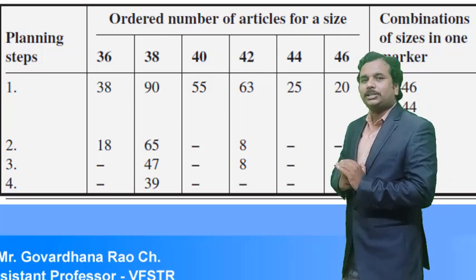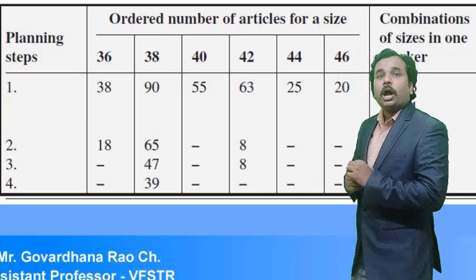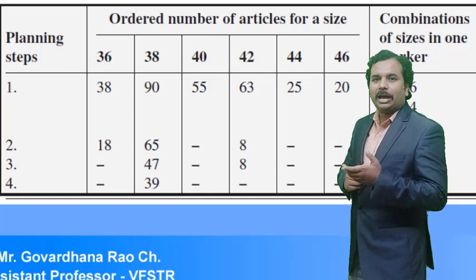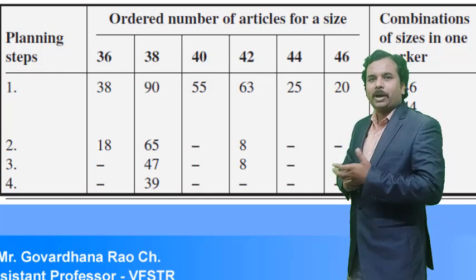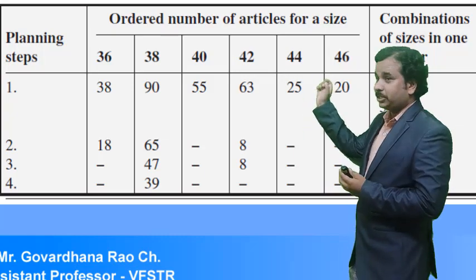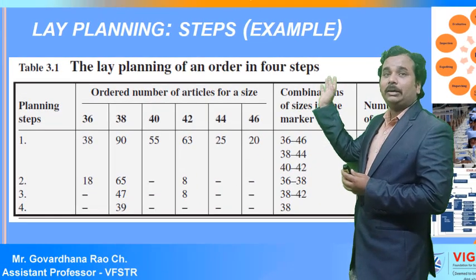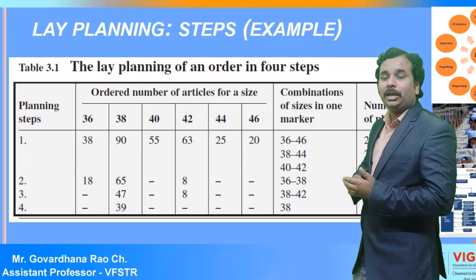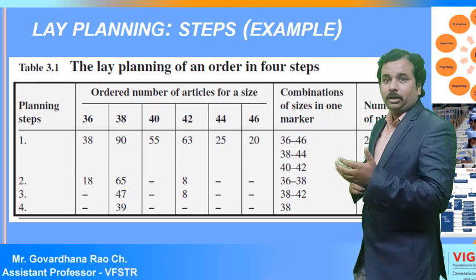The 36 size ordered quantity is 38 and the 46 size ordered quantity is 20. After marker making, the marker consists of 36 size and 46 size. After completing the marker, we are going to lay the fabric, that is 20 plies.